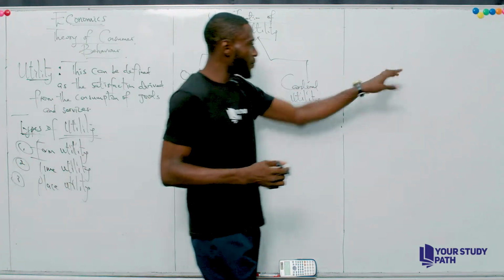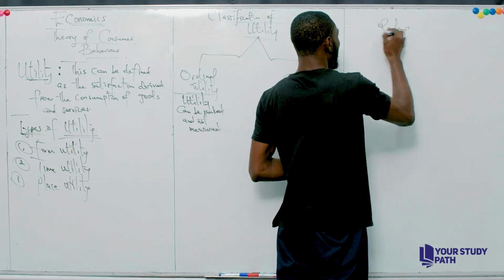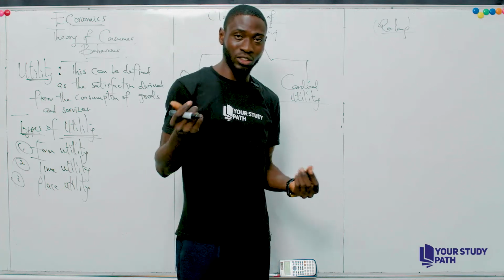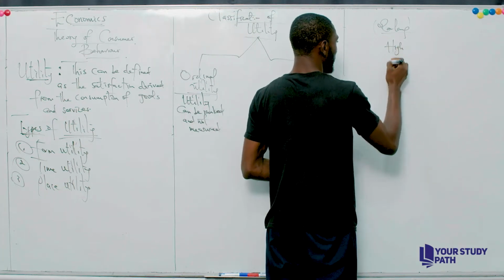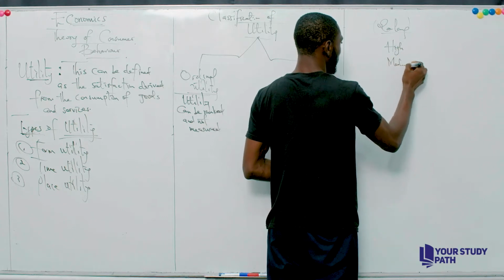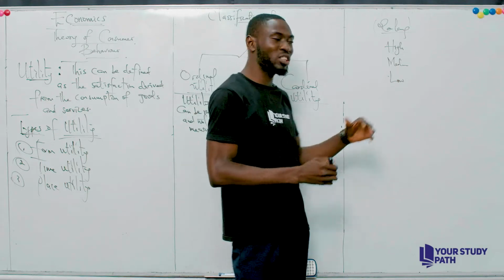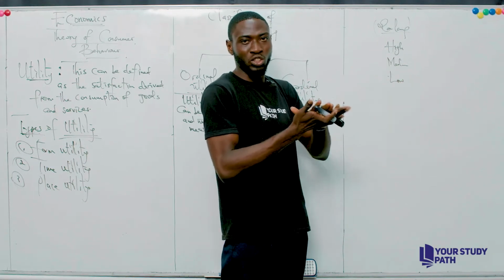Let's take a look at ranking. Every place or every organization has what you call ranking. Ranking just moves from high, medium, low. So ranking is just telling you how high or how low, or how in between something is.